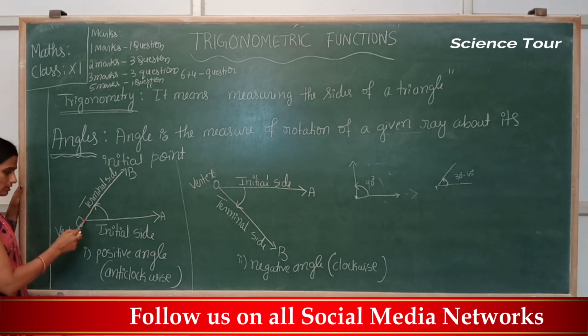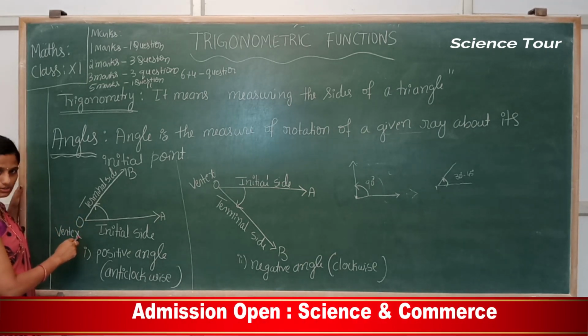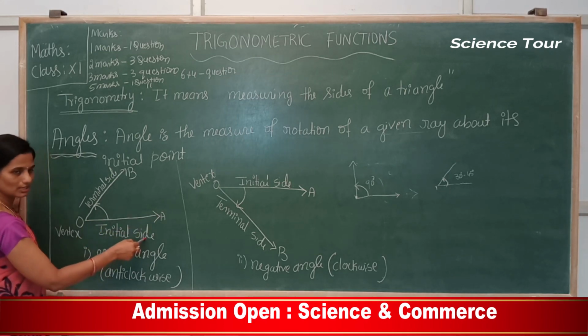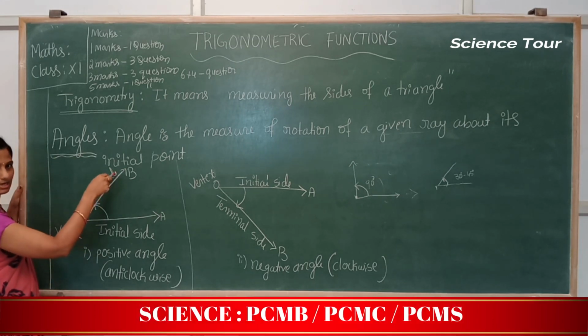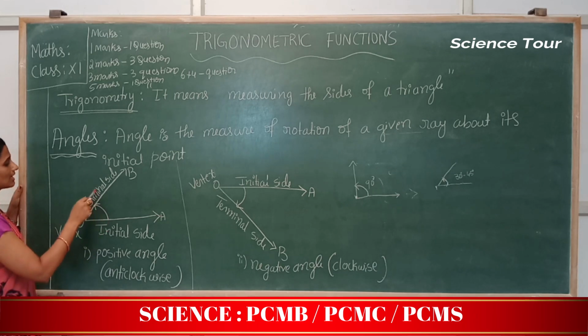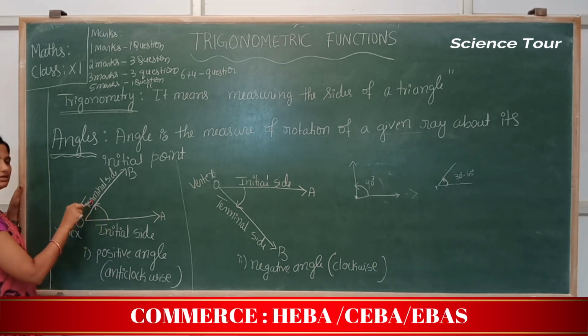The starting ray is called the initial ray, and the final position of that ray is called the terminal side. So the angle is the measure between the initial side and the terminal side.